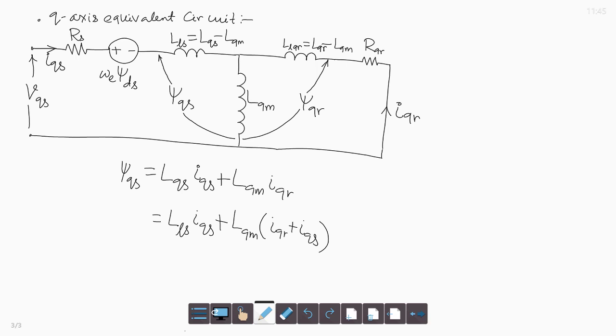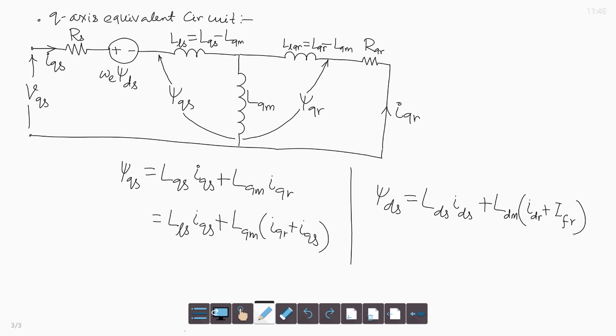And in the same way we can write psi DS, the D axis self flux, as LDS IDS plus LDM into (IDR plus field current IFR). For psi DS, the first part is the self flux and the second part is the mutual flux from the rotor and the field winding, because the field winding also has an excitation circuit, and the damper winding.